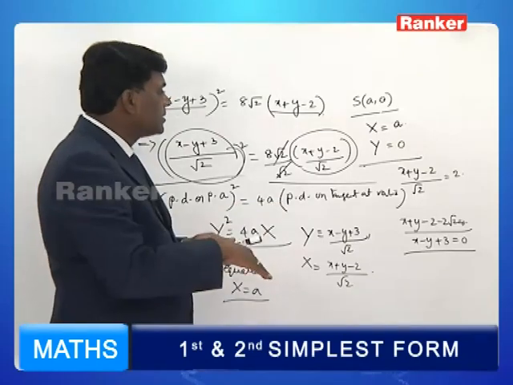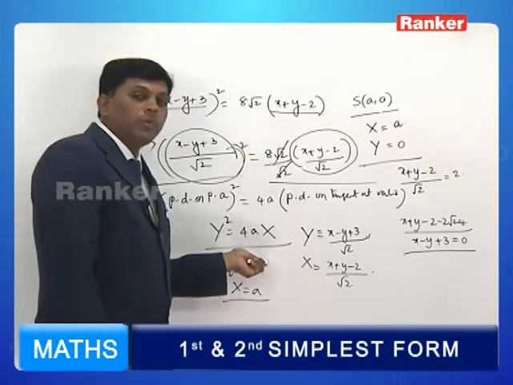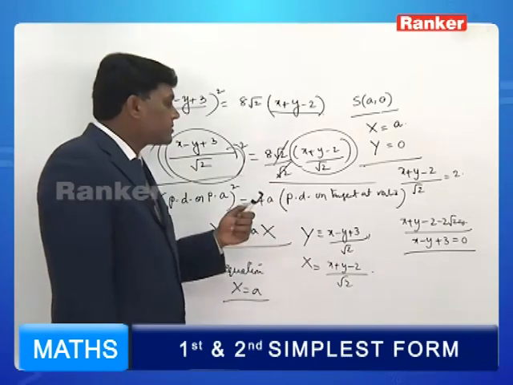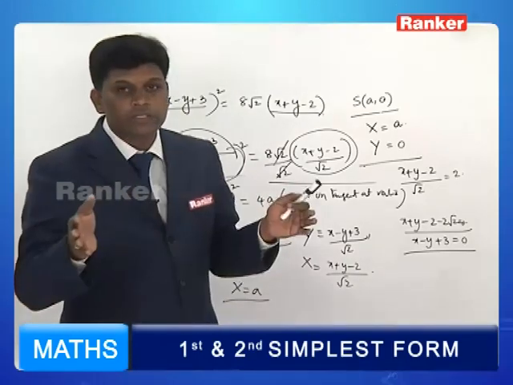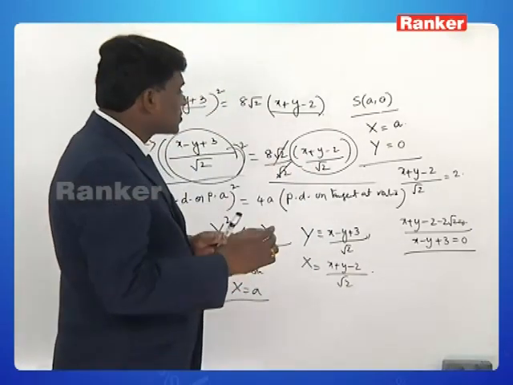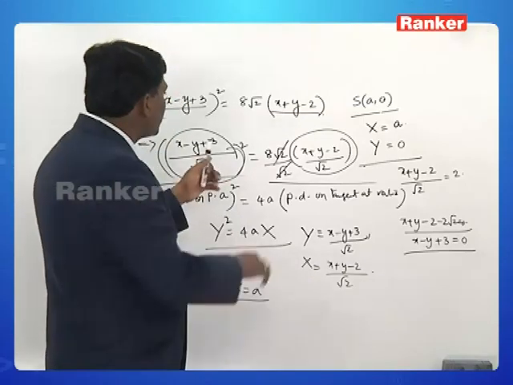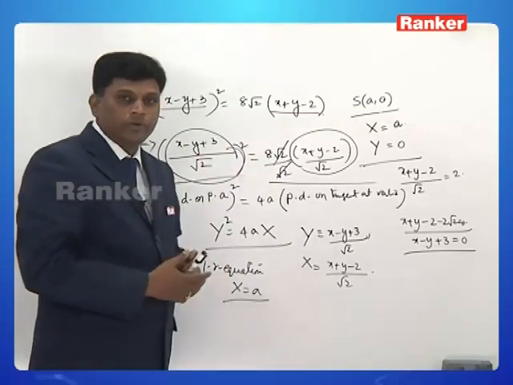In that case, we have to convert the equation into this distance form. Only the distance form will help us in tracing out its location, properties, everything. That is why, for that also, just one simple example is enough to make you comfortable to understand how we are getting this standard form.